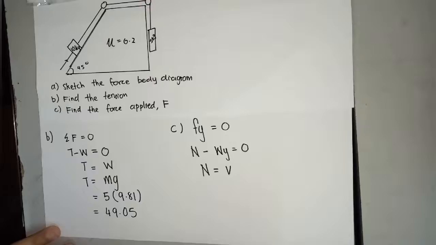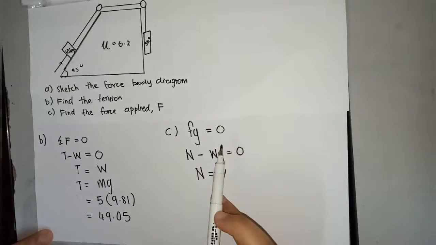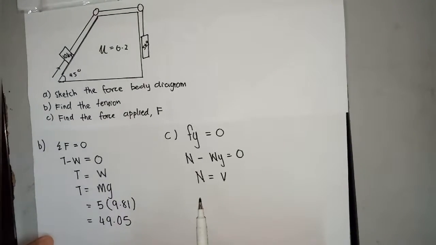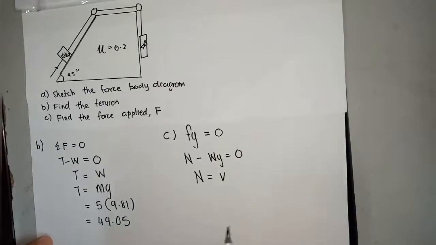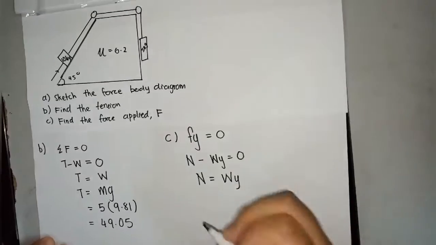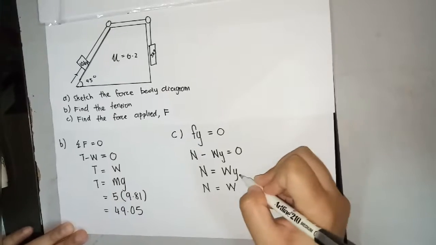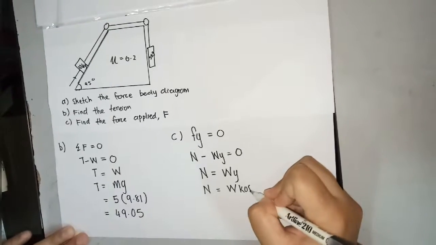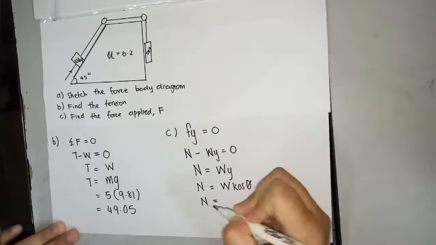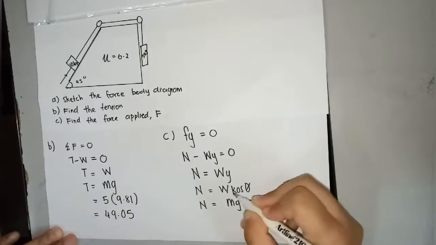Okay, then we need to find Fy, so Fy is equal to 0, which is N minus Wy. As we need to find N, we bring the Wy to the right side. So N equals Wy. Wy is W, and taking the y component is cos theta, so N equals mg cos theta, because W is mg.